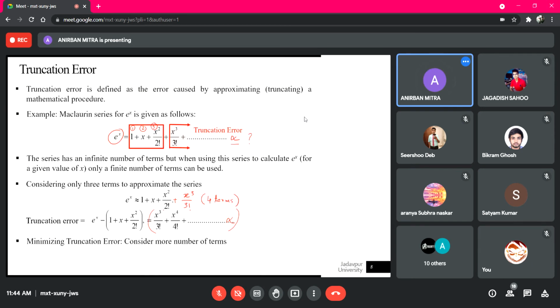So from here, this is not there anymore because this has gone to the left hand side. Whatever is left over, starting with x to the power 4 divided by 4 factorial going up to infinity, that is now the truncation error. And quite obviously, this truncation error would be smaller in magnitude than the previous one when we considered 3 terms. So if you go on increasing the number of terms in this series, you will get less and less amount of truncation error. But where do we stop?